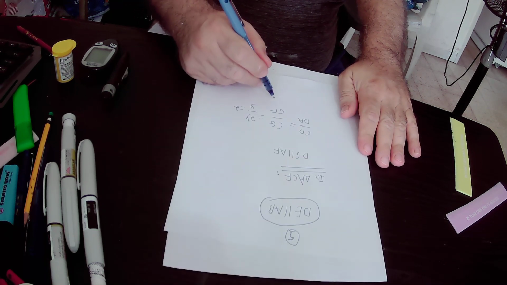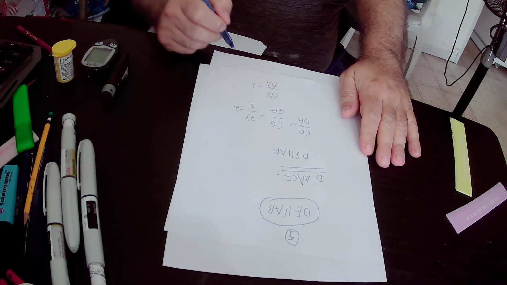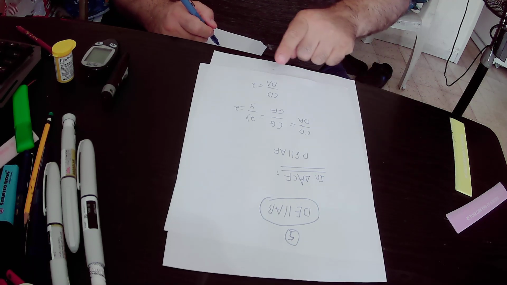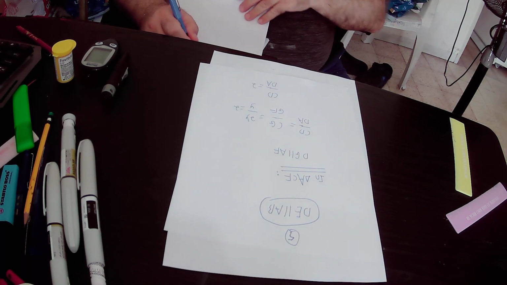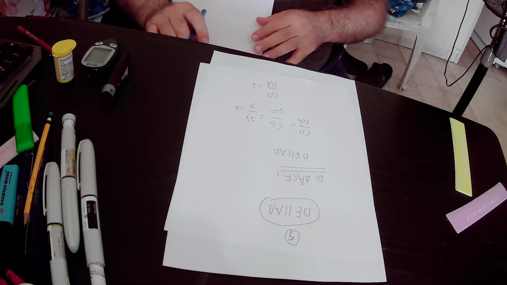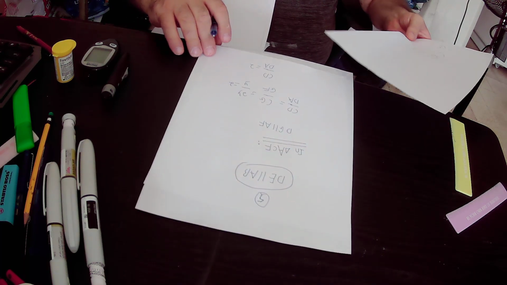So actually we found out that CD over DA equals 2. And if we multiply this equality by DA, we will get that CD equals 2 times DA.